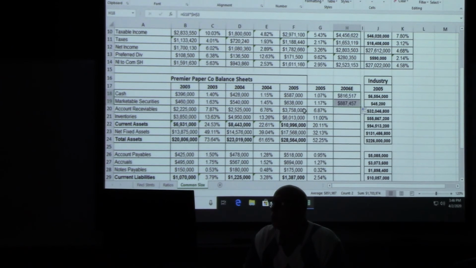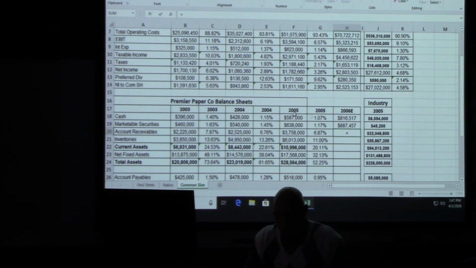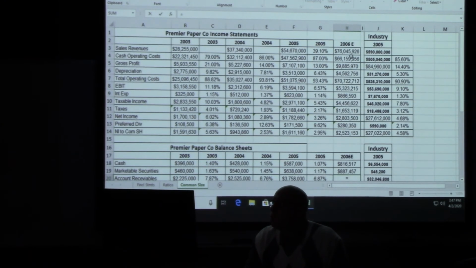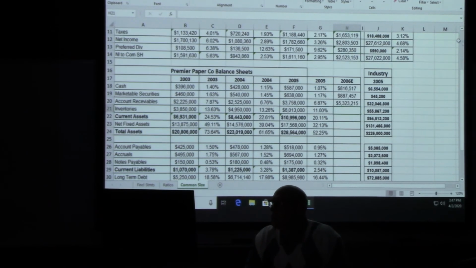Accounts receivable looks like it's coming back. So our turnover ratio. So let's go ahead and say this is equal to our sales number times 7%. Looks like this number has continued to go down.